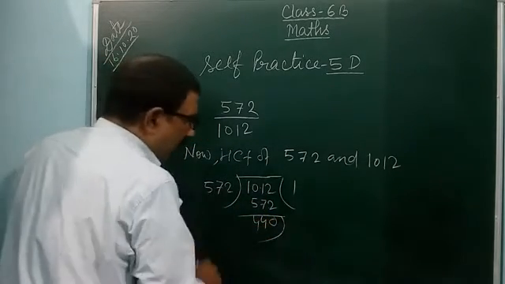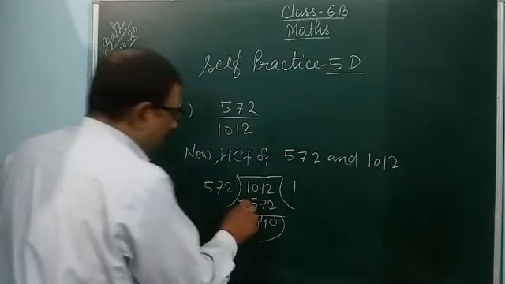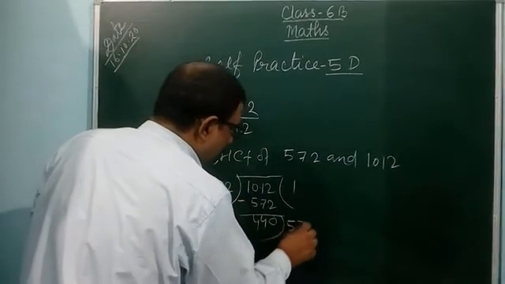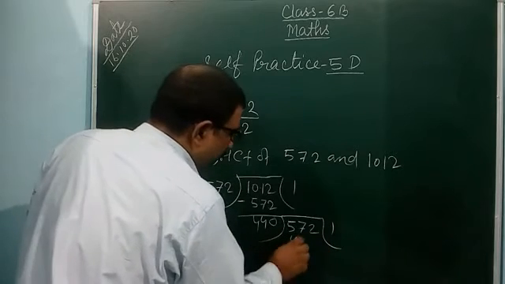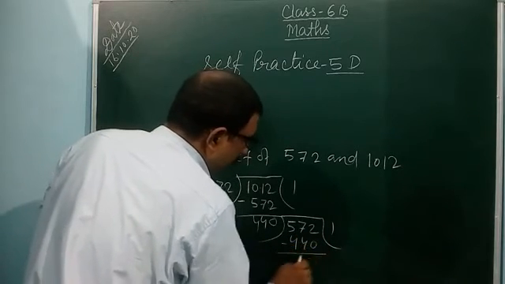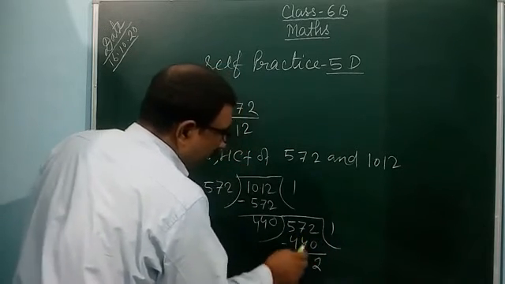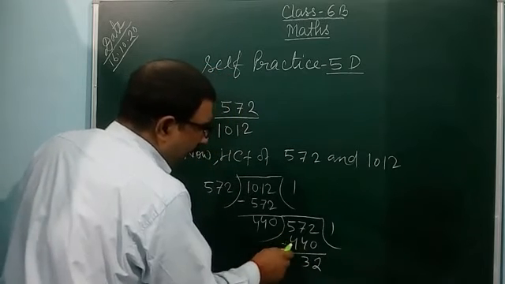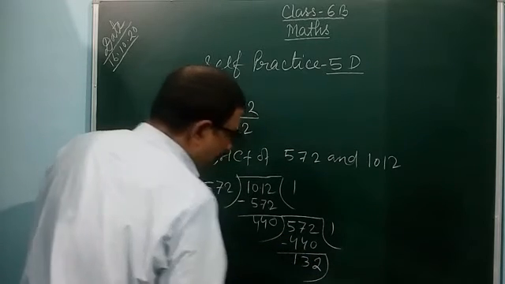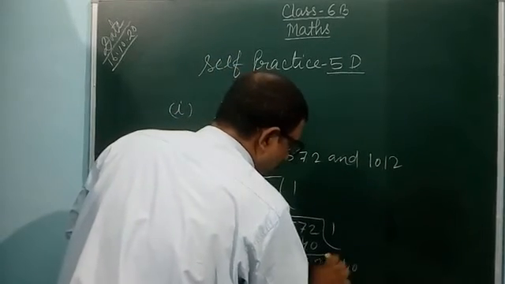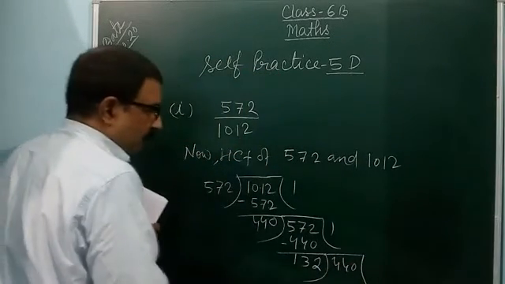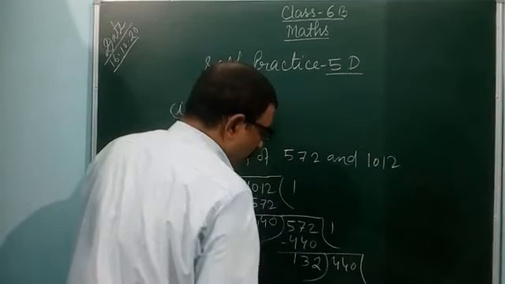After that, now 440 is divisor and 572 is dividend. 440 1 times 440. 2 minus 0, 7 minus 4 is 3 and 5 minus 4 is 1. 132. Now 440 as dividend, 132 as divisor.